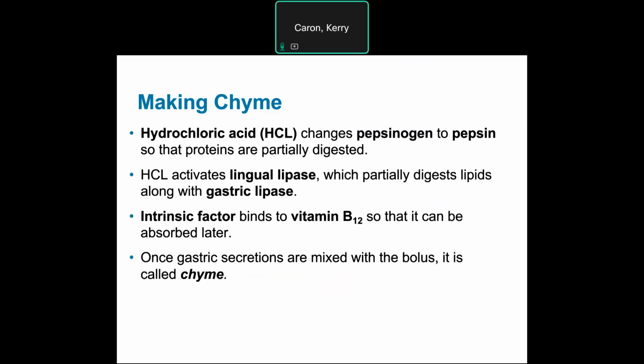Remember, lipase digests the lipids along with the gastric lipase. So both lipases are at work here. Then the intrinsic factor will bind to anything that we've ingested with vitamin B12 so that it can be absorbed later. So very important for vitamin B12 absorption. So all of these gastric enzymes and secretions mix with the bolus, and now it's called chyme.